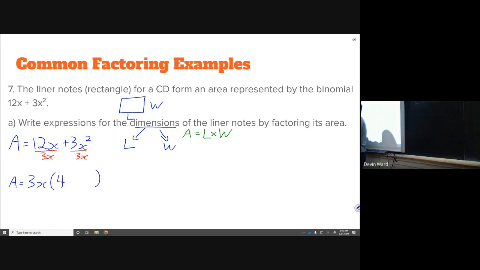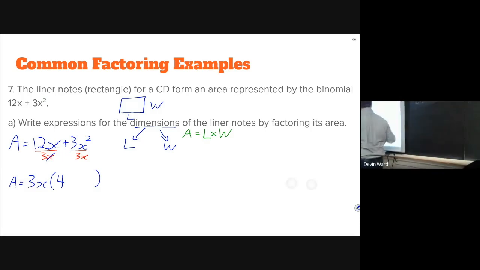And then x divided by x is 1, they cancel out. What's 3 divided by 3? That would be 1.